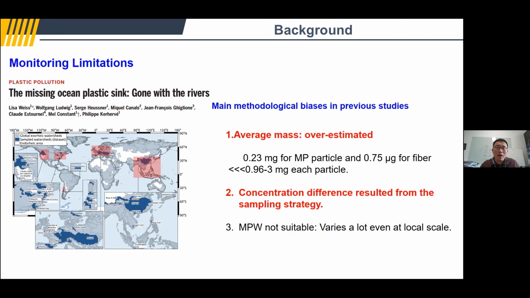Those masses are far lower than those used in previous studies, which were 0.1 to 3 milligrams. Secondly, the authors also stress the concentration differences that result from various sampling strategies. For this talk, I will focus on these two parts.